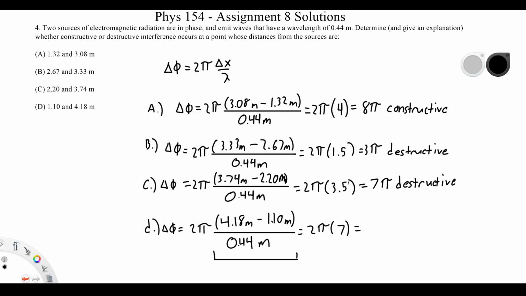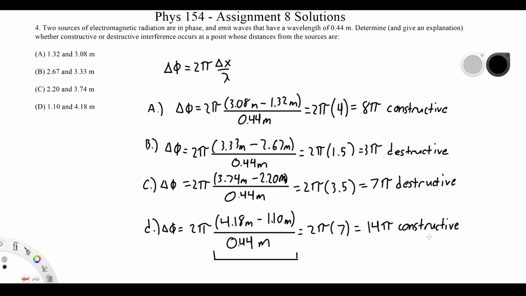It's these halves that give us destructive interference. If you just have 7, although it's an odd number, when you multiply by 2 pi, you're going to get 14 pi, which is of course an even number. So that's just one thing to be a little careful of. You might not notice it if you're trying to work quickly through a test. And so that's a good thing to keep an eye on.